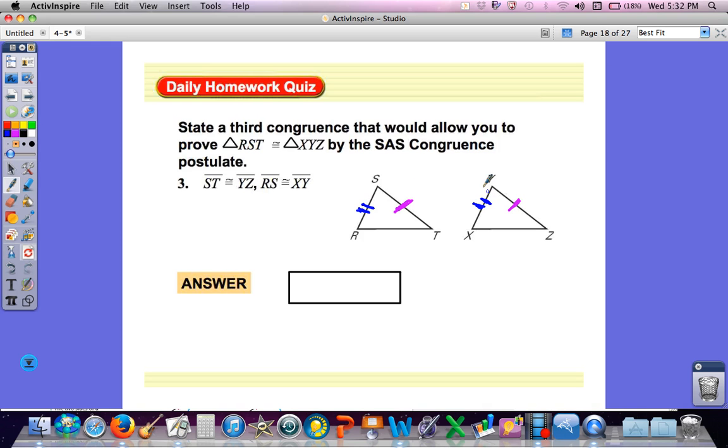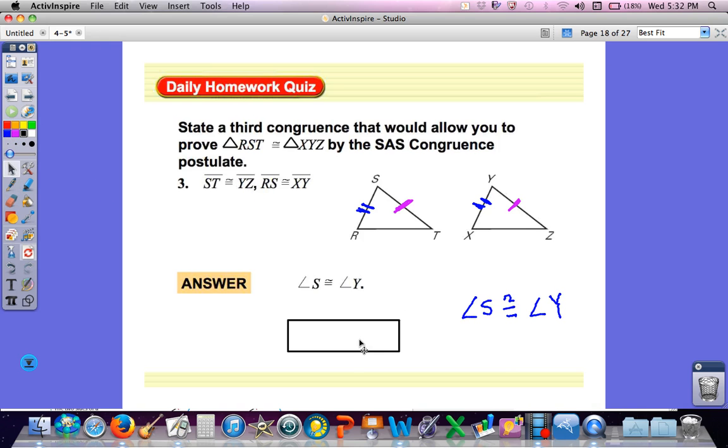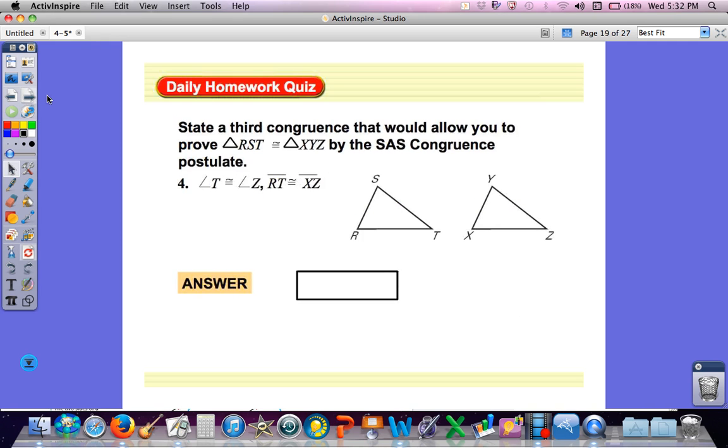So you would need to show that angle S is congruent to angle Y to be able to prove this through side-angle-side. They tell you that T is congruent to Z, and that RT is congruent to XZ. So you need the side-angle-side, so you need that ST is congruent to YZ.